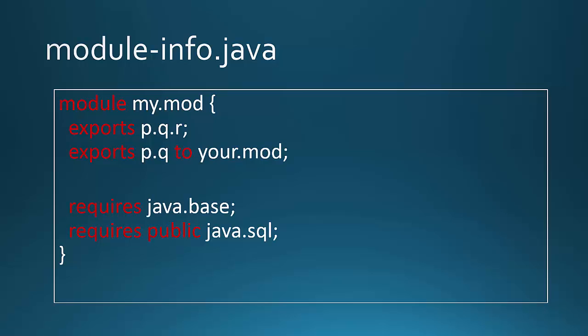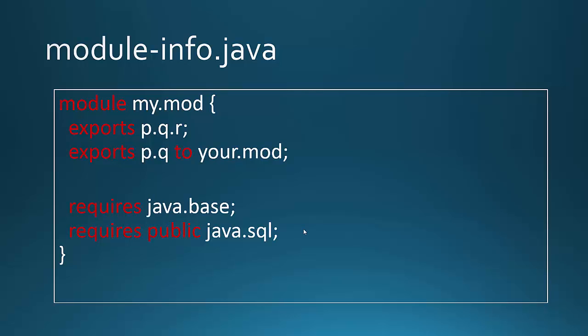And similarly, the dependency of this module is given by the requires keyword. So let's not worry about the public right now. The first statement states it requires java.base, which is the base module provided by JRE, and it also requires java.sql, given by this last statement. The module-info.java is not limited to just a source file.